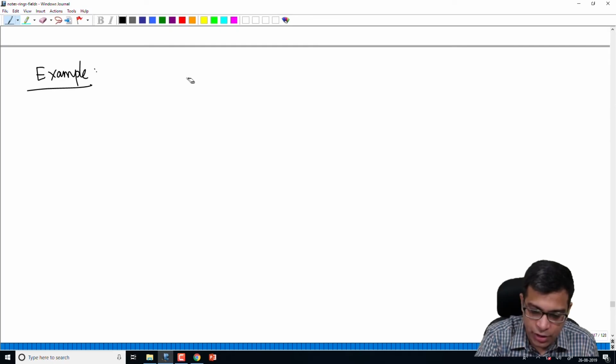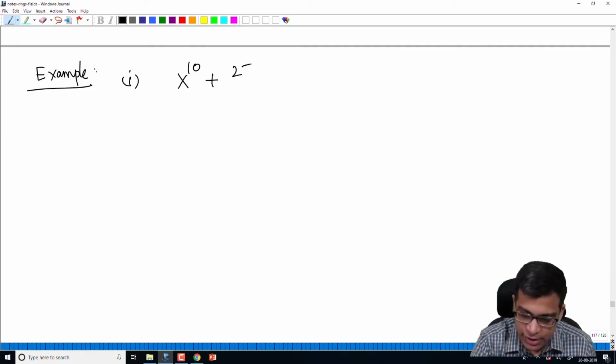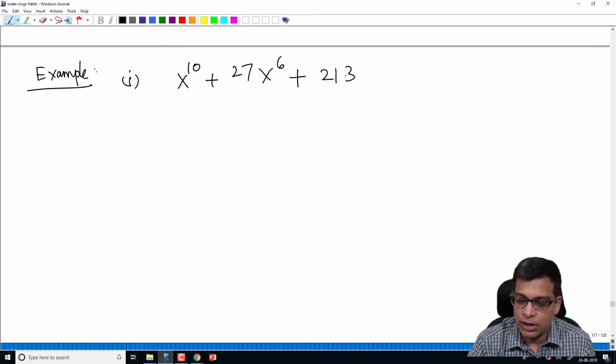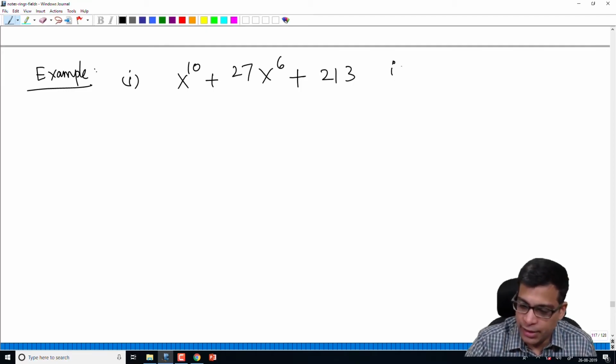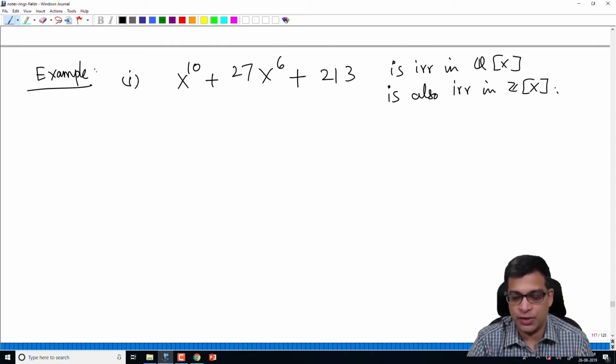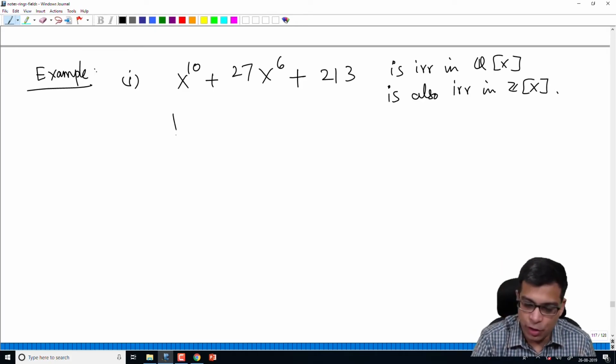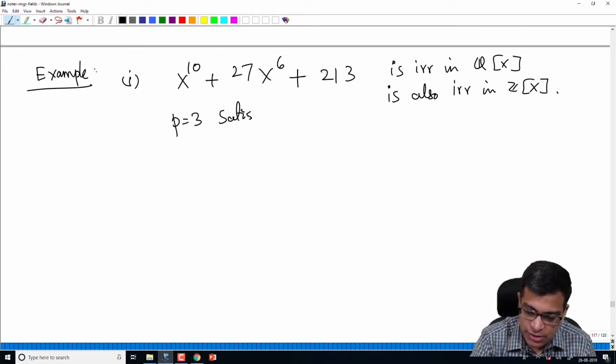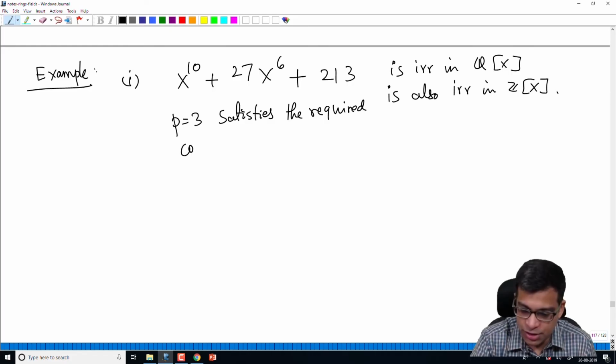Just for example, I can take x power 10, let's say 27 x power 6 plus 230. Is this irreducible in Zx or Qx? It is, because it is irreducible in Qx first, and because it's primitive, it is also irreducible in Zx, right? It's certainly primitive because one of the coefficients is 1, so the GCD is 1. Because p equal to 3 satisfies the required conditions, right?